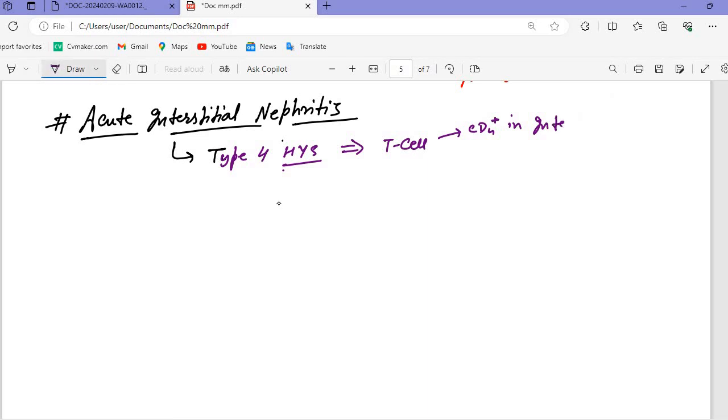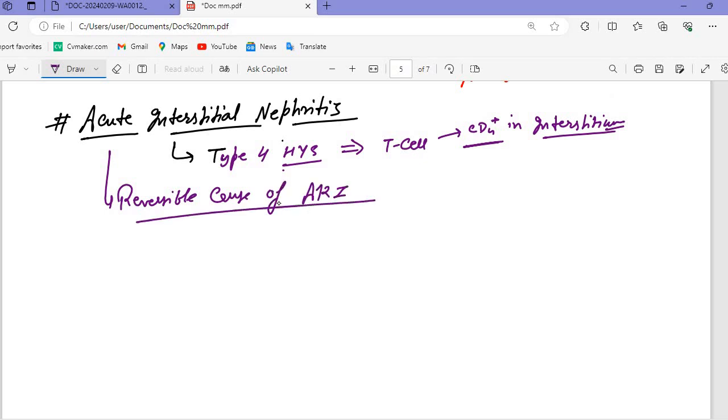What is the interstitium? It is the space present between the different renal cells; that space is known as the interstitial space. So CD4 cells will be deposited here in the interstitium, and this is a reversible cause of acute kidney injury. This is the reversible cause of acute kidney injury.